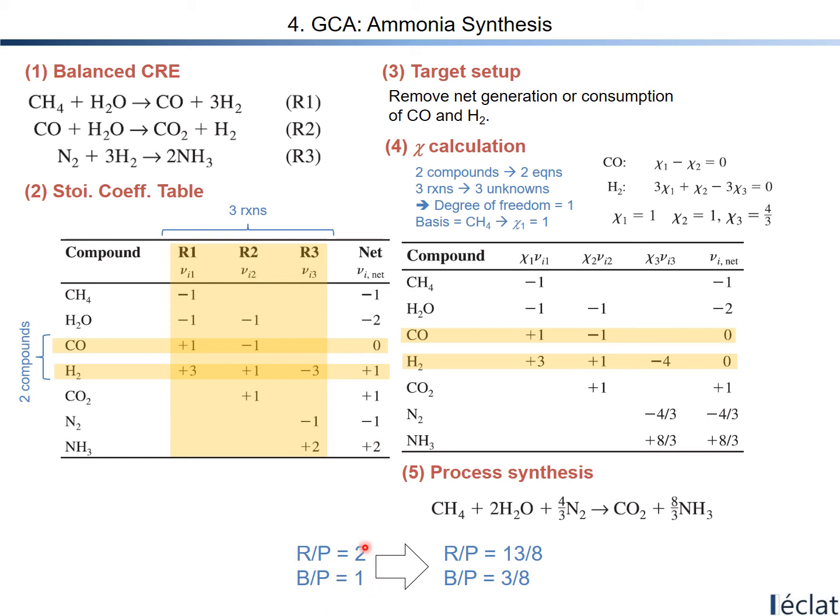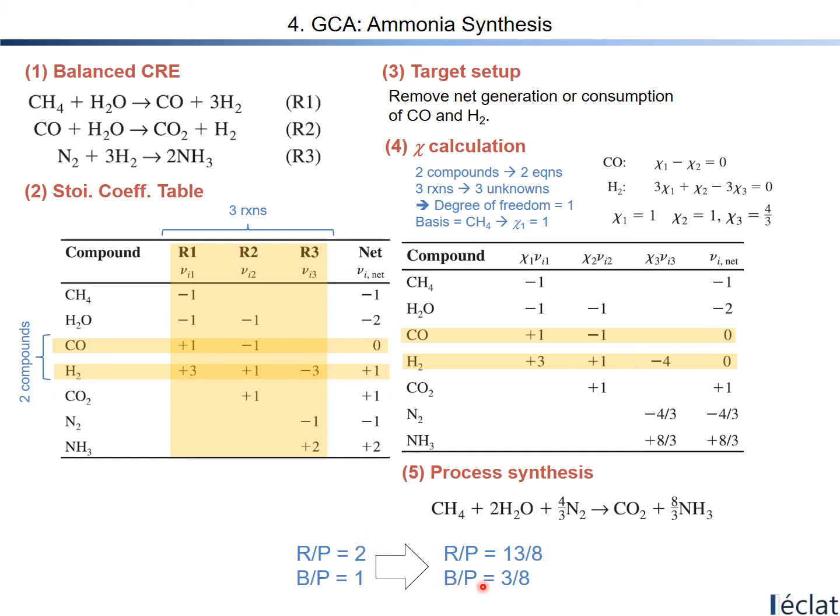However, for the new process after the process synthesis, R is the summation of the minus terms, which is 13 over 3. So the summation of the minus terms is R and the product is 8 over 3, and the result is 13 over 8. Please calculate it. This value is less than 2, the original value.